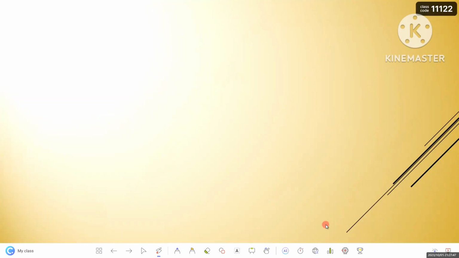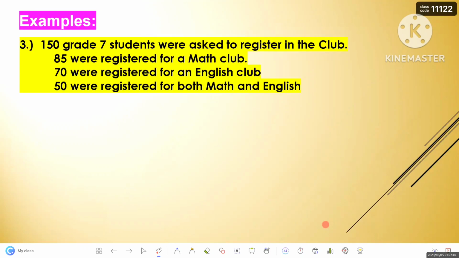Next, sample number 3. Suppose we have 150 grade 7 students who were asked to register in the club. 85 were registered for a math club. 70 were registered for an English club. 50 were registered for both math and English.